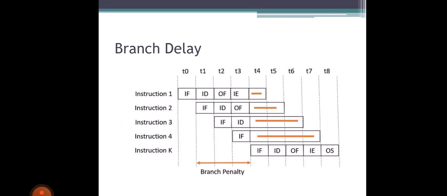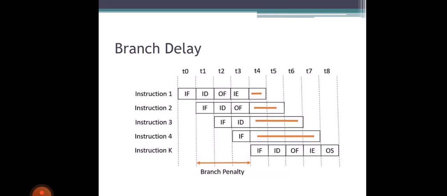Next one is branch delay. Suppose 4 instructions are pipelined, like I1, I2, I3 and I4 in a sequence. The instruction I1 is a branch instruction and its target instruction is IK. Now processing starts and instruction 1 is fetched, decoded, and the target address is computed at the 4th stage in the clock T3.